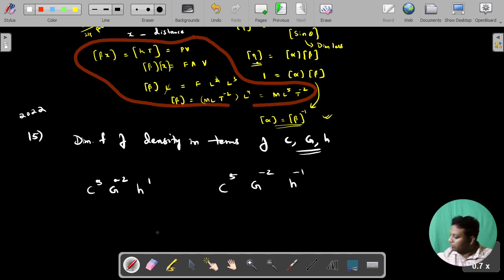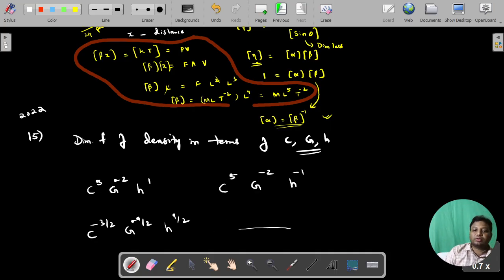H power minus 1 and C power minus 3 by 2, G power minus 1 by 2 and H power 1 by 2, and like this options are given. So how do we have to do this? We know C means the speed of light. This is given in the problem also.